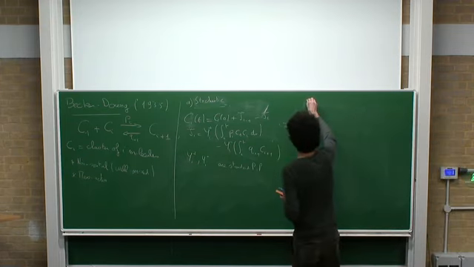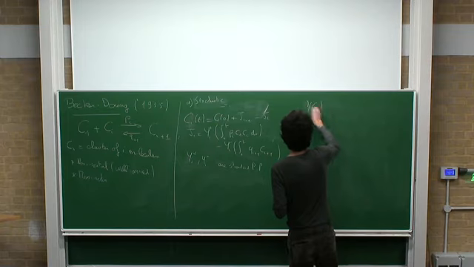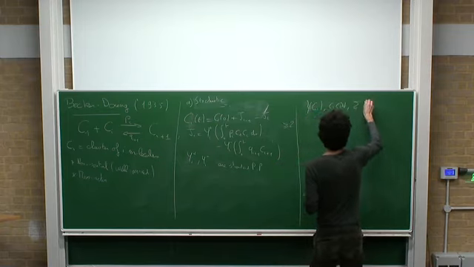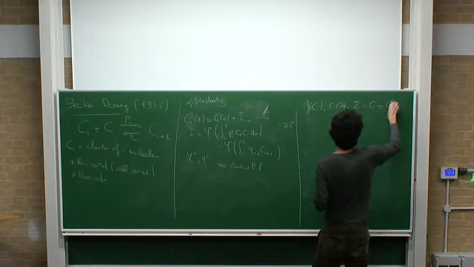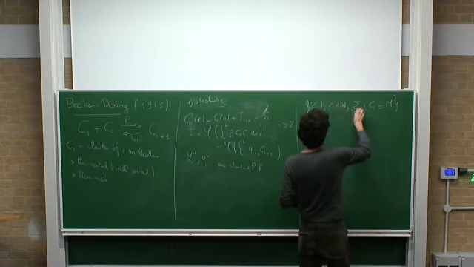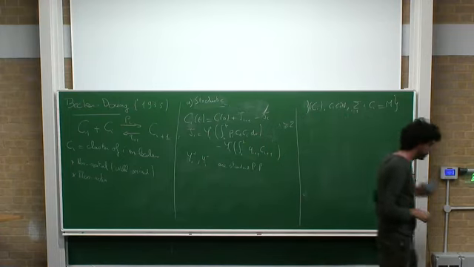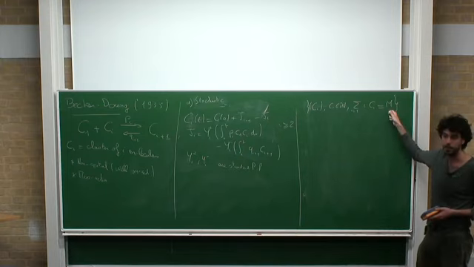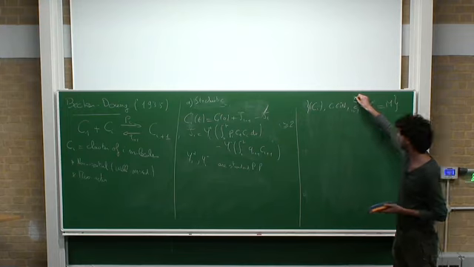So the state space will be all the configurations c_i which are integers and which satisfy a mass conservation. My small m has become a capital M because now it's an integer, and because it's an integer, the sum is now finite.